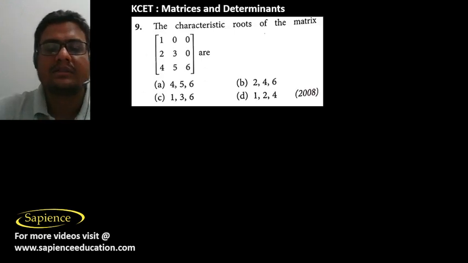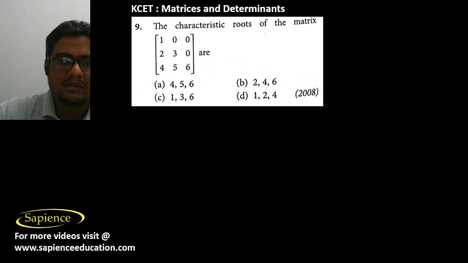Then we have to find the characteristic roots of this matrix.